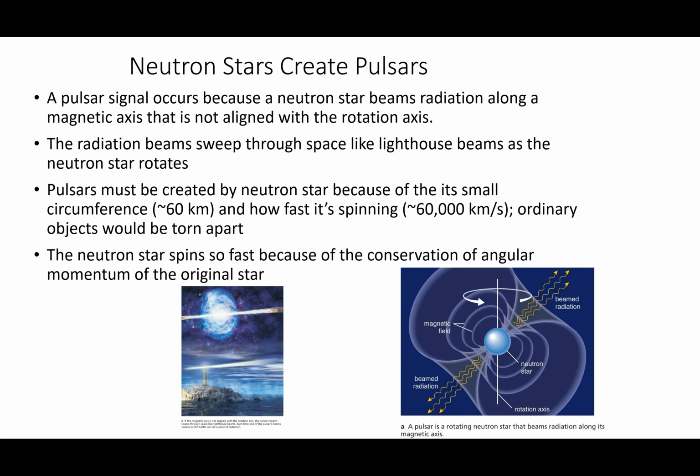Now you see it? Now you see it? Okay, that's just from the rotation of the neutron star. So if you are in the field of view of this signal that's being squished out from the neutron star, that's where the pulsing comes from. It's called the lighthouse model.